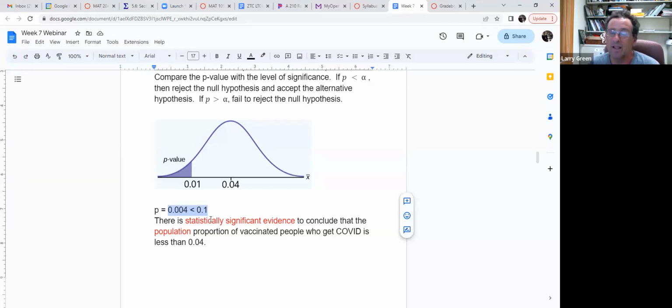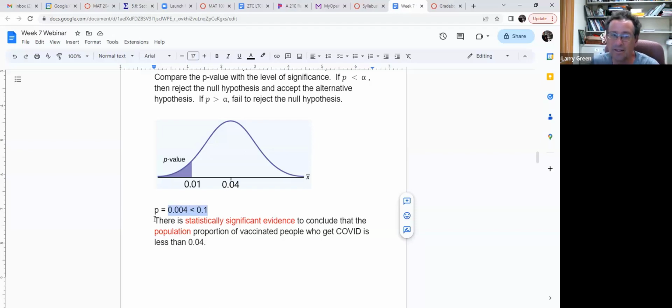So once you have compared the p-value with the level of significance, if the p-value is less than the level of significance, then you say, yes, I was right. My alternative hypothesis is correct.